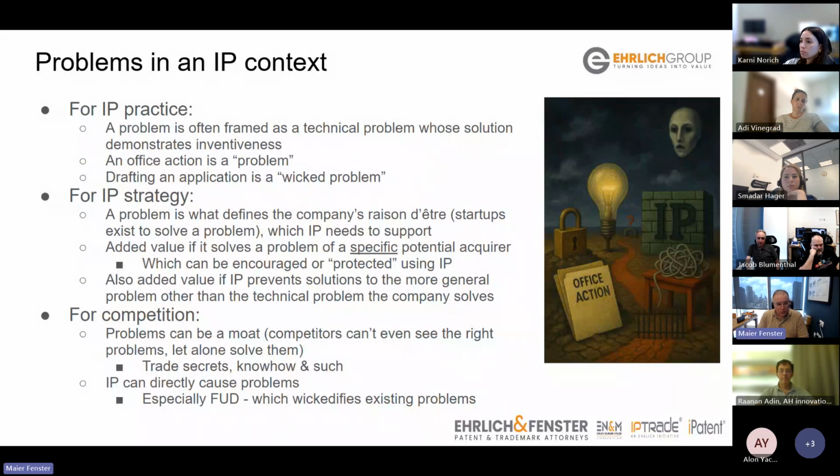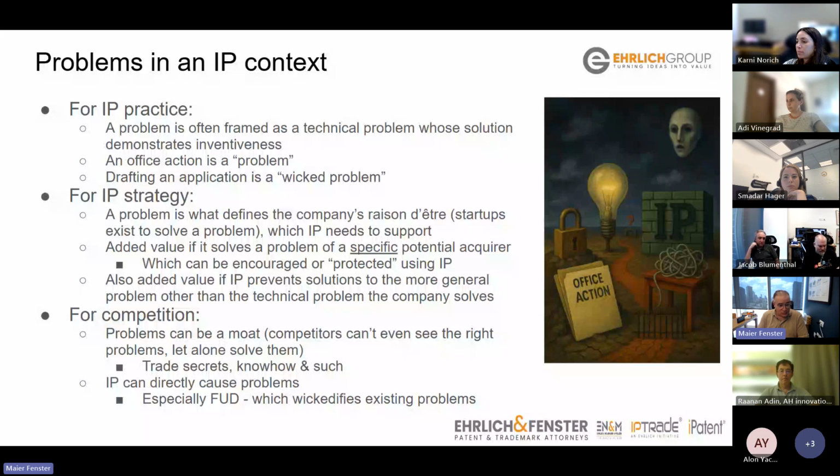Now, when we talk about competition, a problem can be a moat, something the competitor wants to do but can't get past. And the way problems can be a moat is not only if they have a problem, but if they can't even see the right problem to solve and or don't know how to solve it. You do a lot of that using trade secrets and know-how and so on.